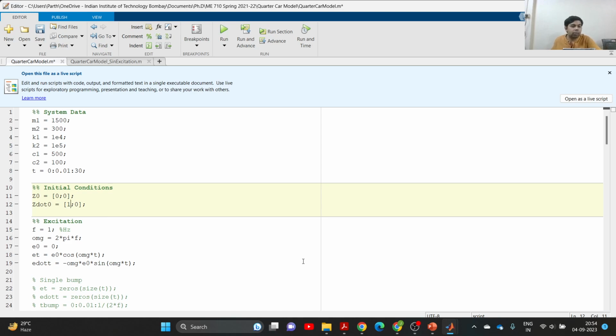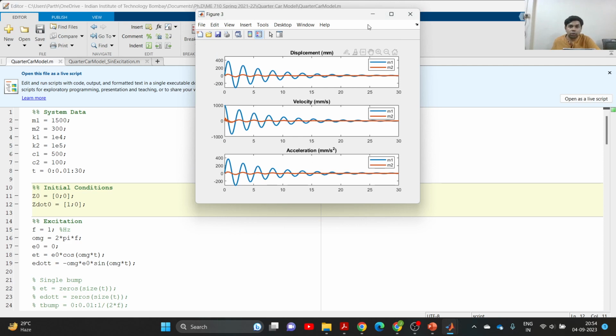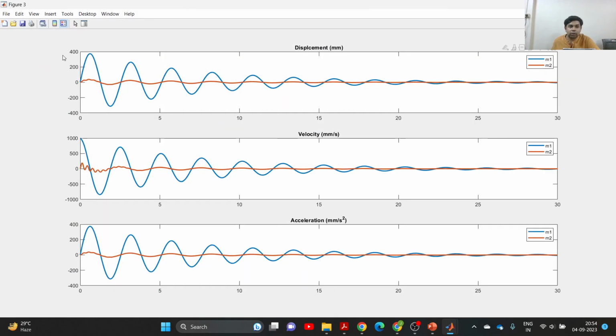Let us say now we apply a velocity initial condition to the car body. Then the car body now moves more than the wheels.